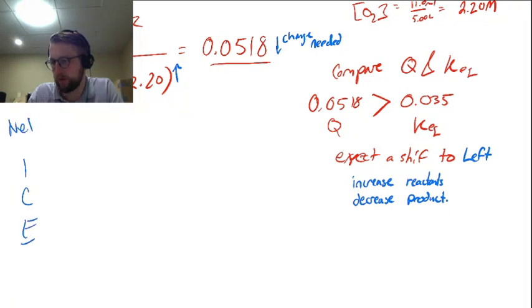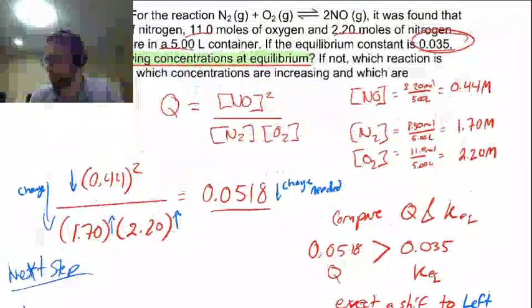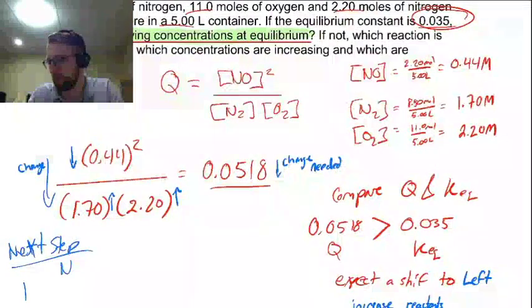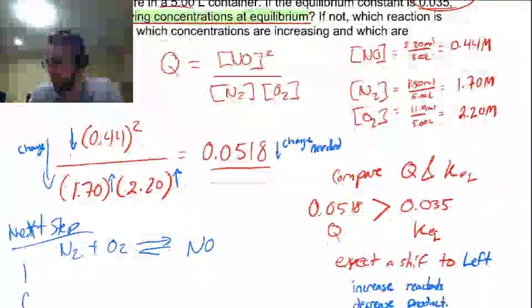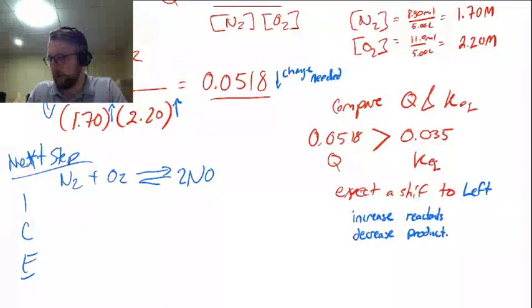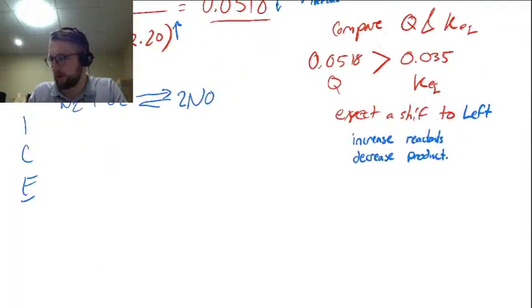Next step, and we would say N2 plus O2. It's been so long that I already forgot how much of this we did. You've got some values here. You could punch in these values, 1.70, 2.20. We would be subtracting x or 2x from here, and adding x on this side.